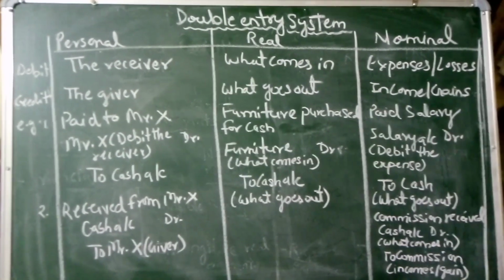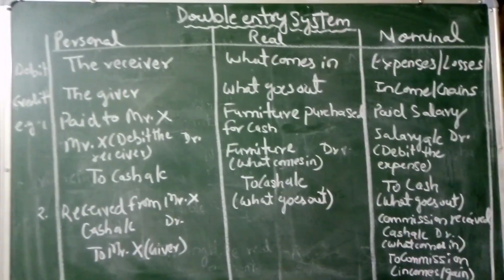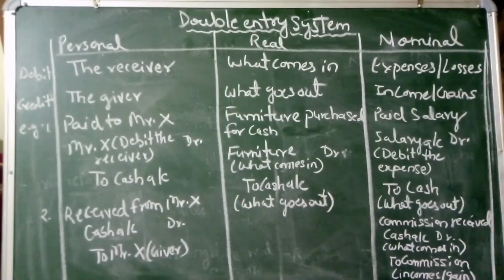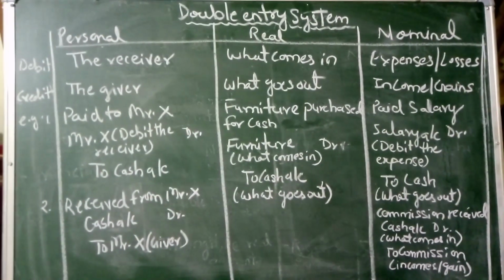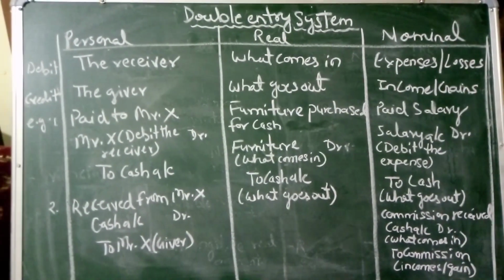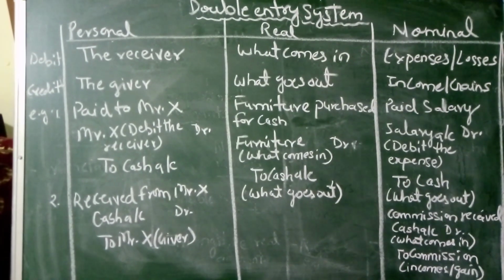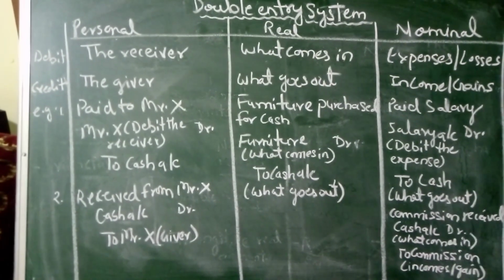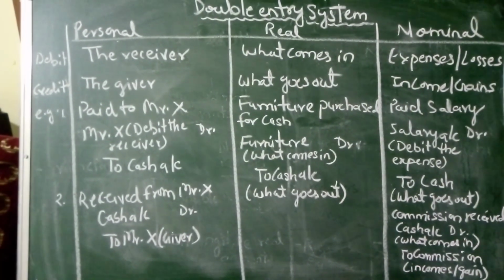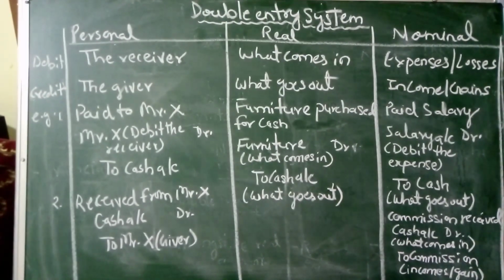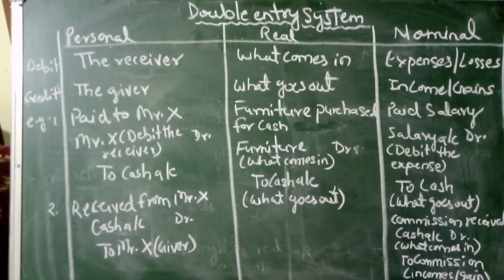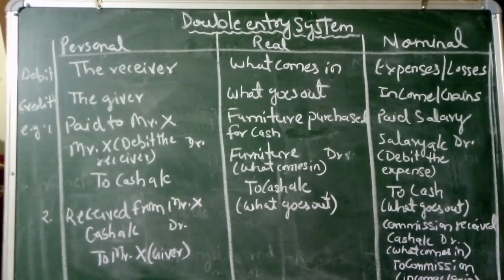As you can see, there are two aspects of any transaction, right? Debit and credit. And we have three types of account: personal, real, and nominal. Here, as you can see, I have made four columns, right? First, I have written personal, real, and nominal. Personal account represents any person's names.